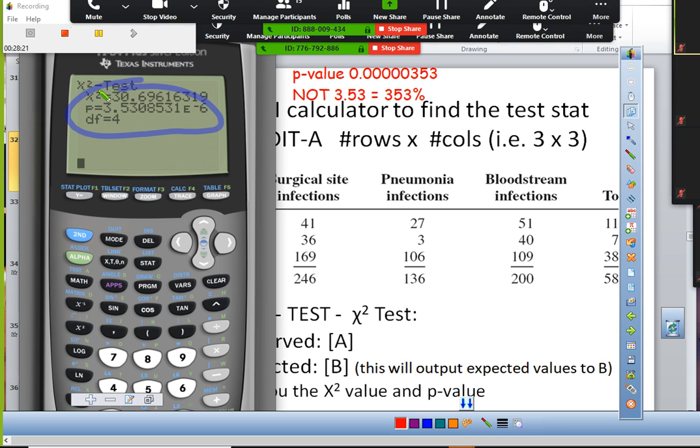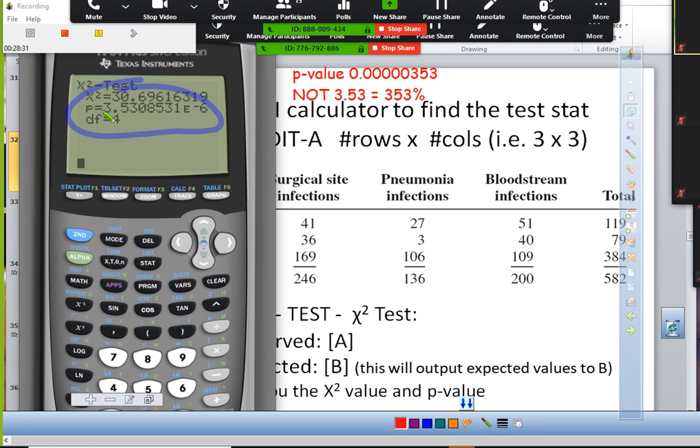It's not, because my p-value is a probability. I'd have a 353% chance, and that doesn't make any sense. See that E-6? That means you add 6 zeros and then the 353, and put your decimal place after the first 0.